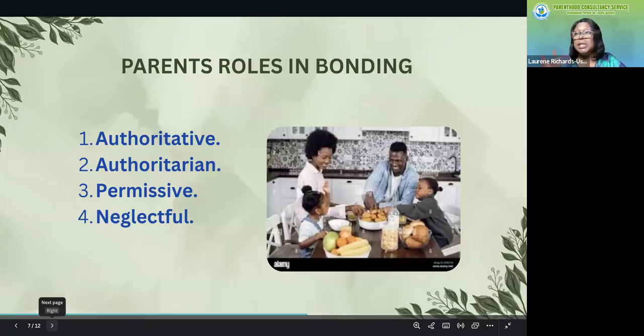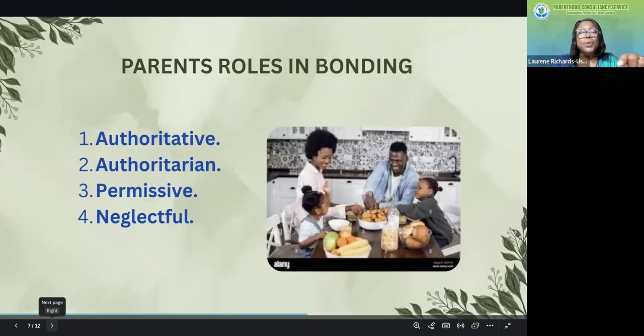Tomorrow they forgot the rules that they set up and they're all over the place, mentally, everything. So the effect on bonding can result in insecurity due to the lack of structure. I don't think you want to be in that parenting style. So if you feel like you're in that parenting style, start thinking about it. All right.